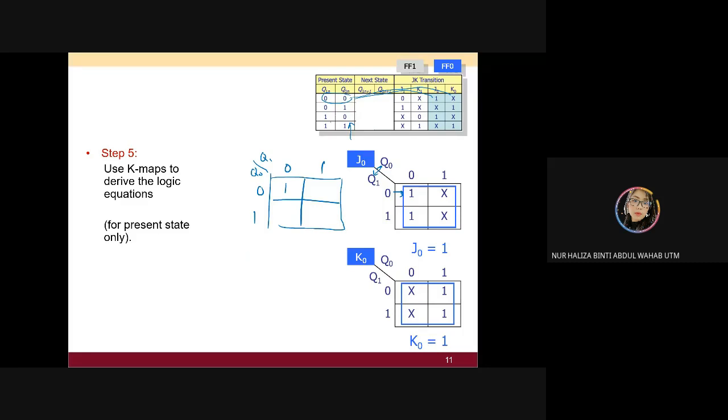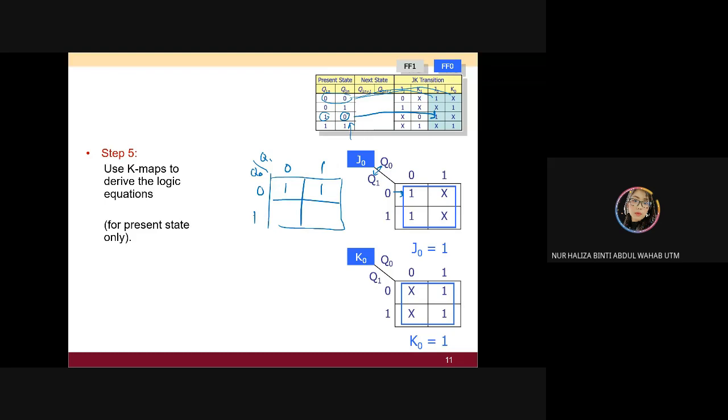How about if my Q0 is 0, then it will be here now. My Q0 is 0, my Q1 is 1. It is at this side. It will be 1 here. So you can see it's slightly different, as long as you know what the value of Q0 is and what the value of Q1 is.